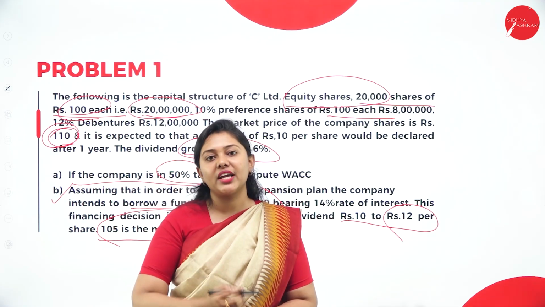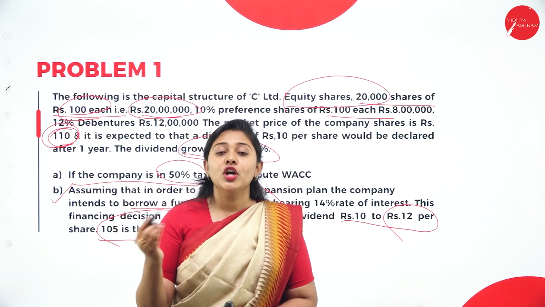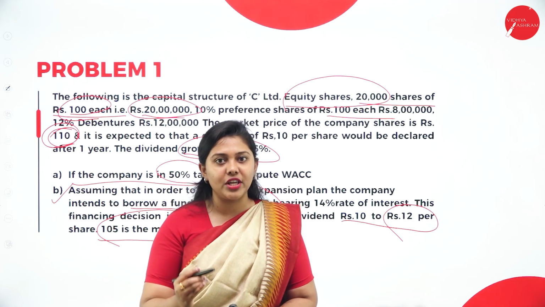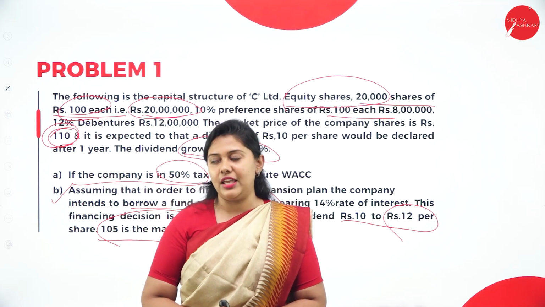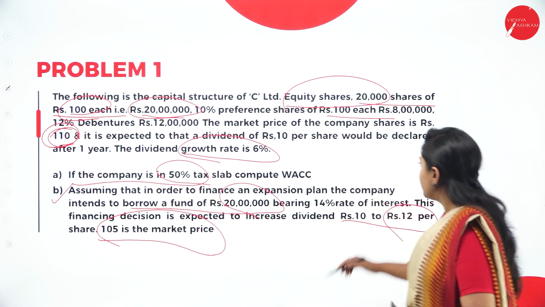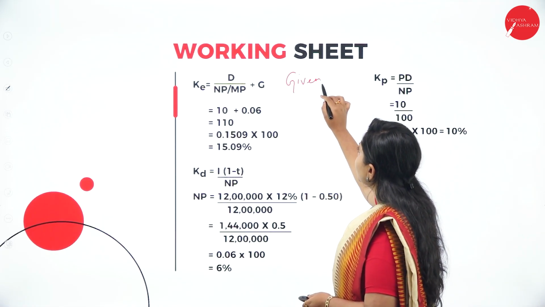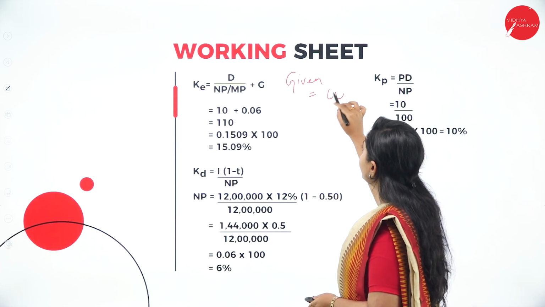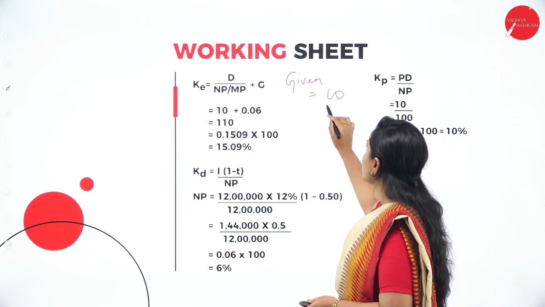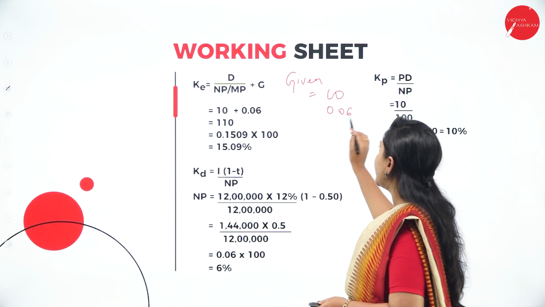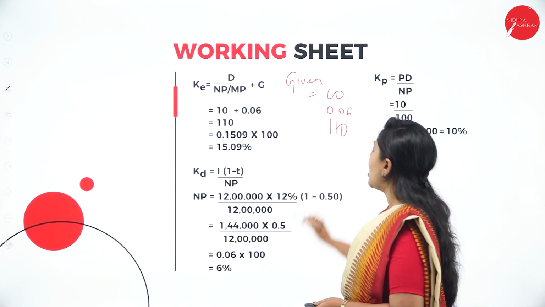Since the market price is given, my dear students, you have to take up the market price value for consideration whenever market price is given. Let's calculate. Dividend is given as 10 rupees, your growth rate is 6%, that is 0.06, and your market price is 110.